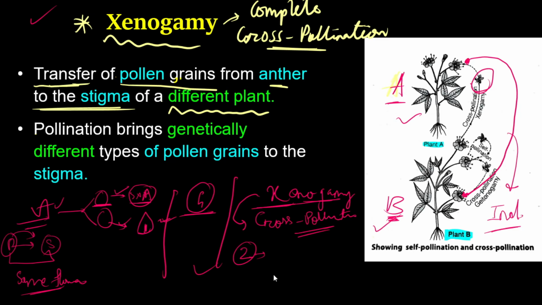So this condition is called xenogamy. Here the involvement of pollinators is required to perform xenogamy. So that is what we have discussed till now.